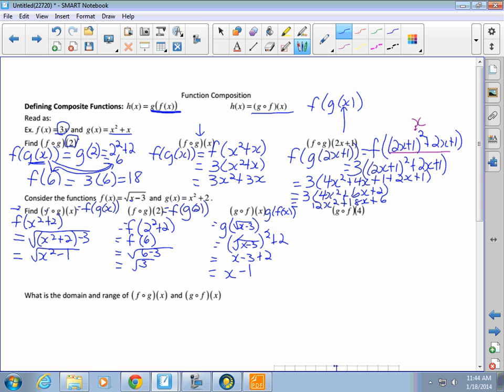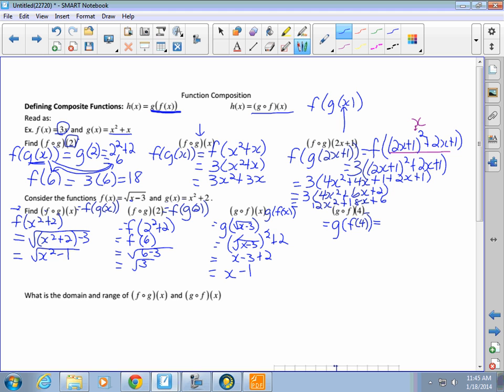Now for the f of g of 4, this equals the g of f of 4. Wherever there is an x in my f function, I'm going to substitute in a 4.